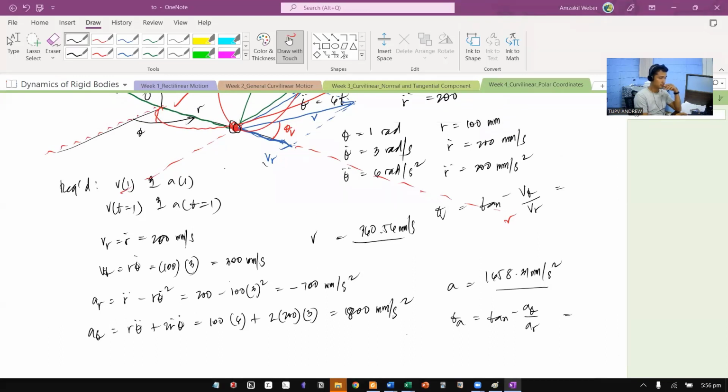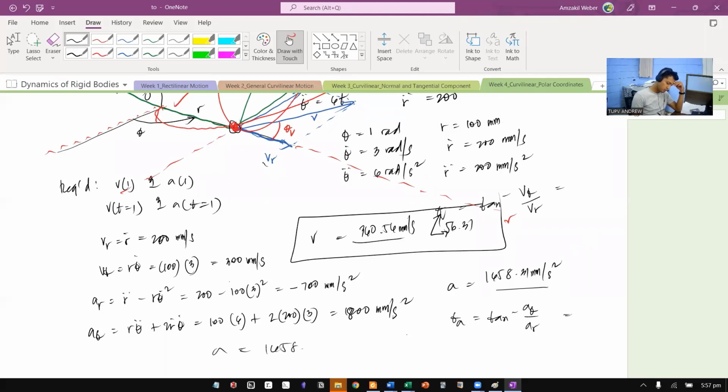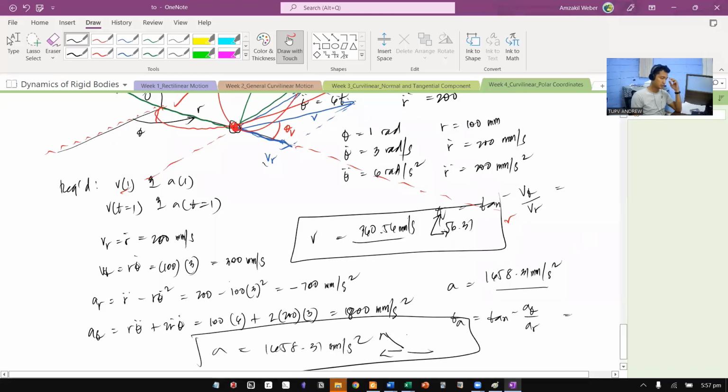Close na sa 90. 56 na dapat. The direction of velocity is 56.31. That's the value of P. While for the acceleration, 1658.31 mm per second squared. I don't know what is that direction, but that is the value. What is the answer?